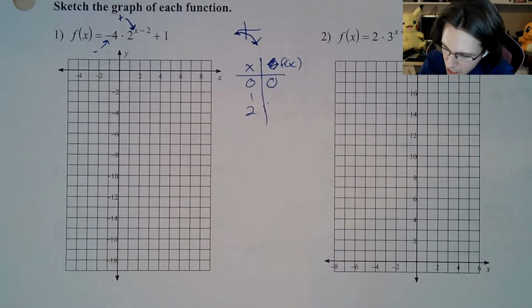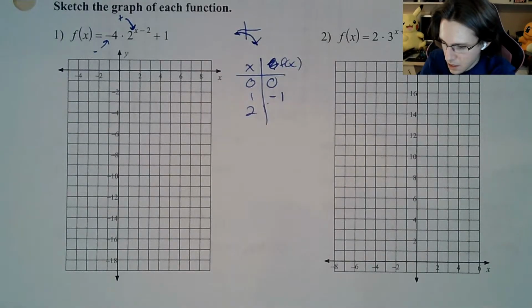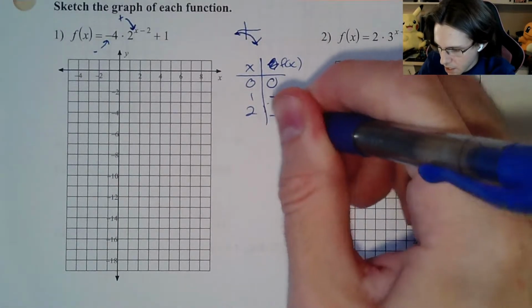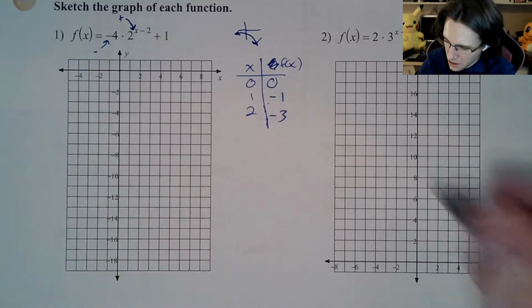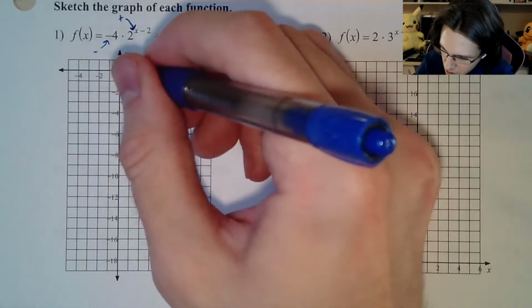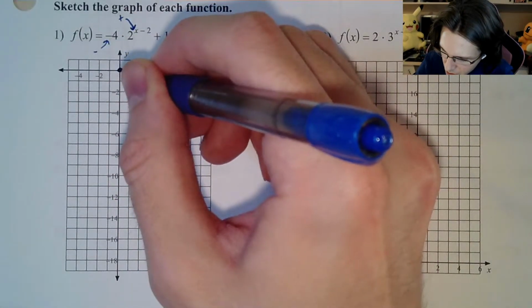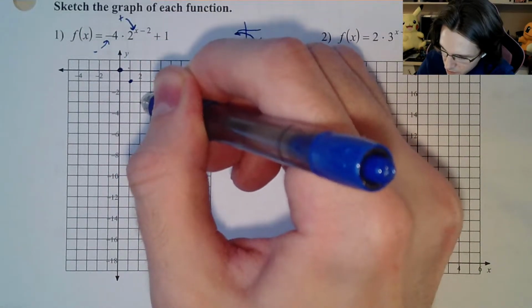Plugging in a 1 gives you negative 1, and plugging in a 2 gives you negative 3. You might want one more coordinate after that, but I think we're probably okay. So we have 0, 0, then 1, comma, negative 1, and 2, comma, negative 3.